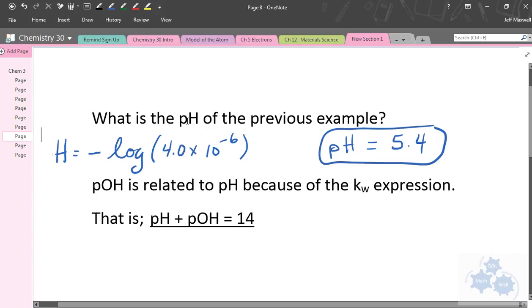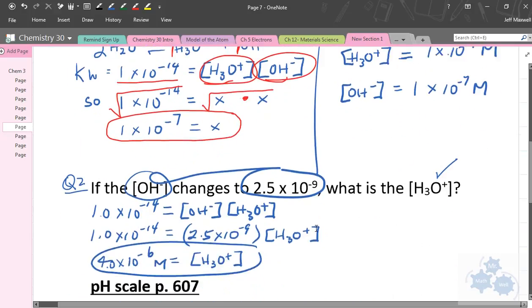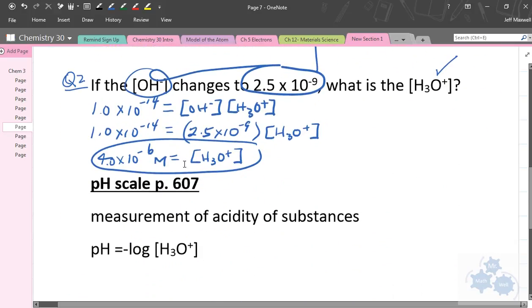So the pH. Now think about the previous example we just did. Here's the concentration of hydronium ion. What is the pH of this example? We know that pH is the negative logarithm of the hydronium ion concentration, and in this case that is this number.